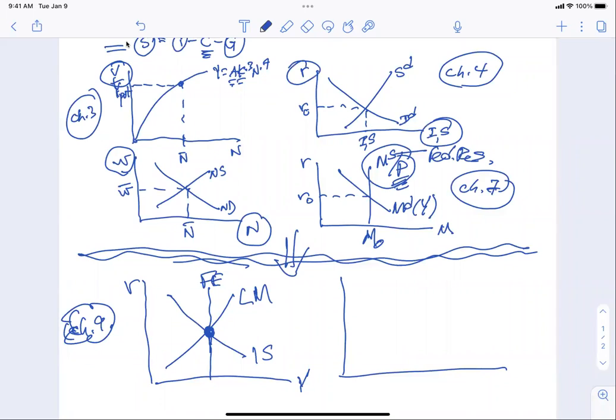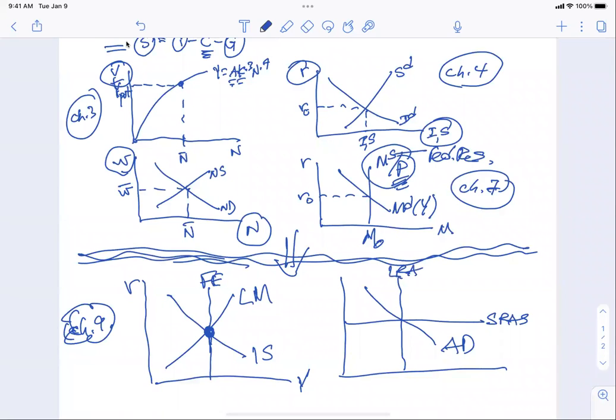In other words, we can't just stop with the IS, LM, and FE and aggregate demand, short run aggregate supply, and long run aggregate supply, because there we add a new one in, price level. So price level, now we've got that there too, and GDP.